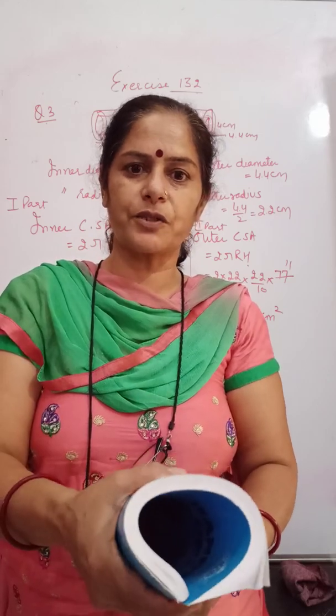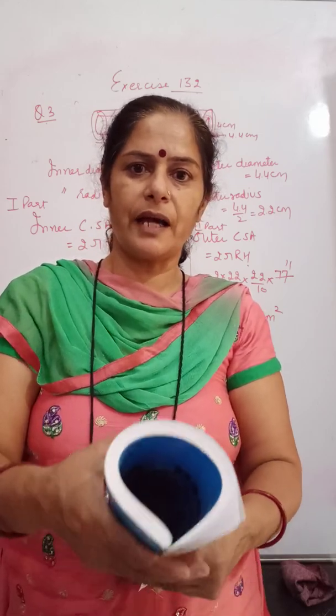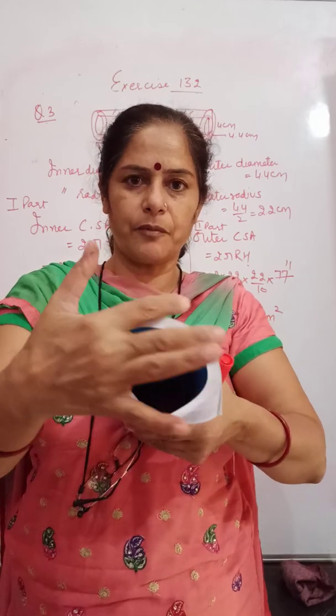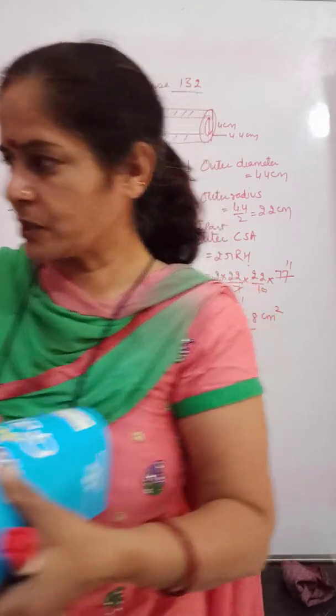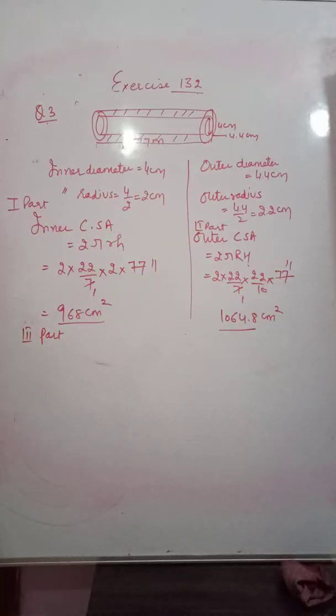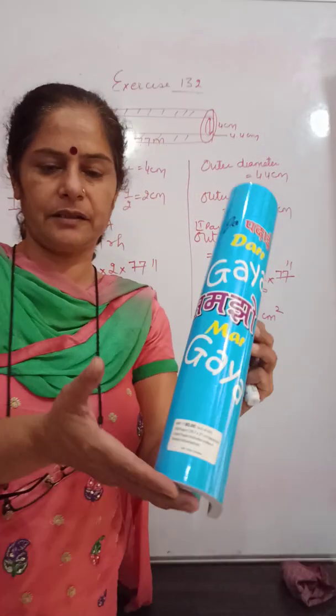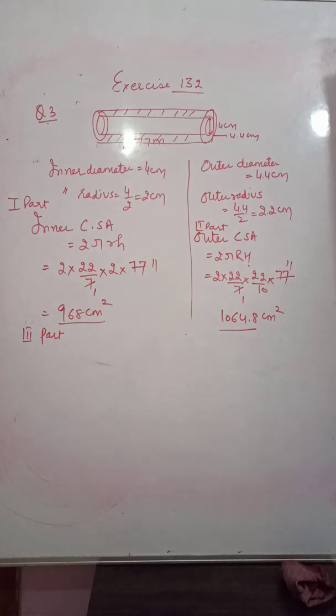And you know this portion is circular in shape and it is in the shape of a ring. So two rings will be formed, one to this side and the other to this side. So what will you be doing?